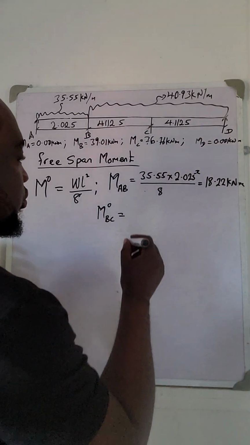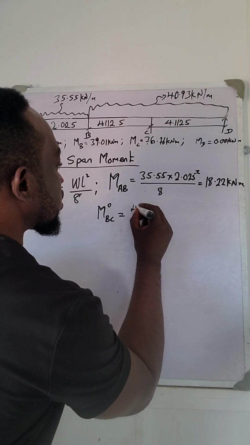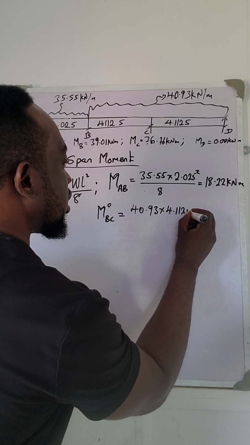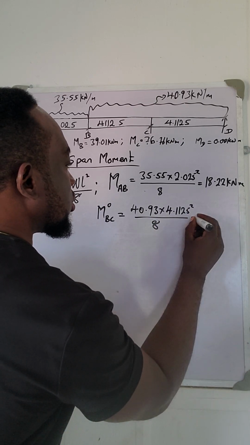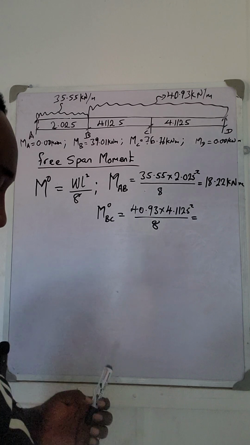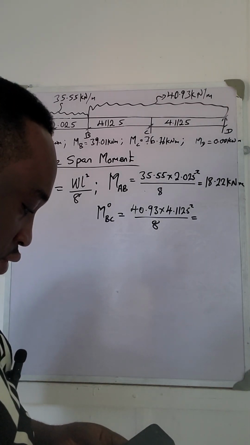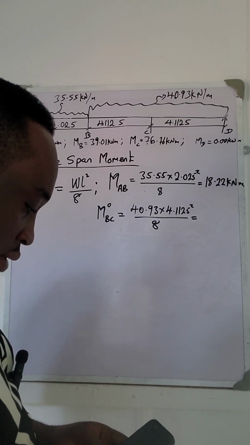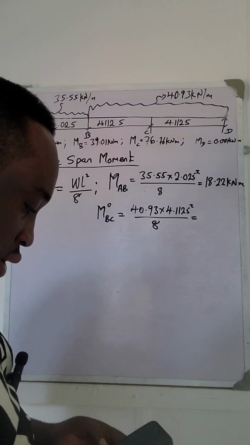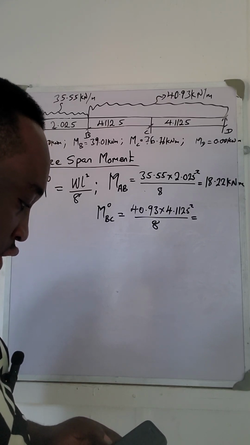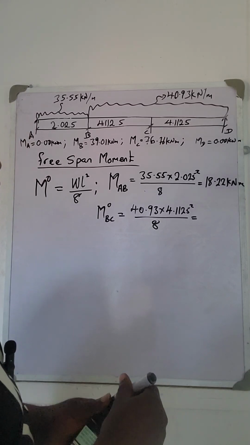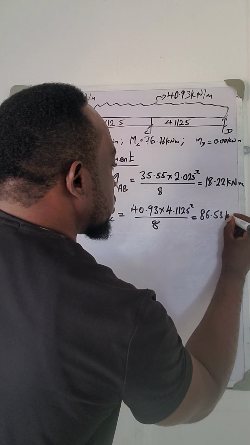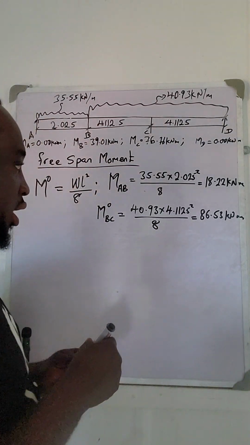If you input values in our formula, we have 40.93 multiplied by 4.1125 squared over 8. This one will give me 86.53 kilonewton meters approximately.